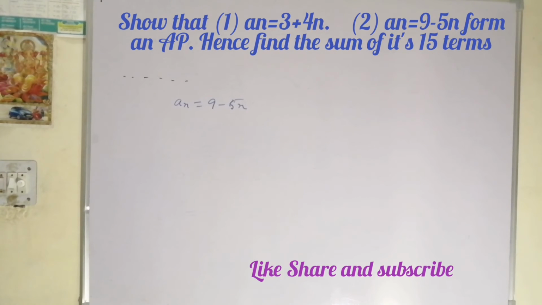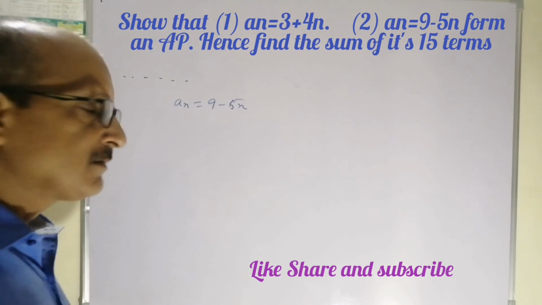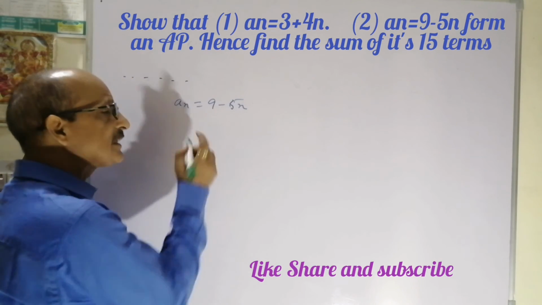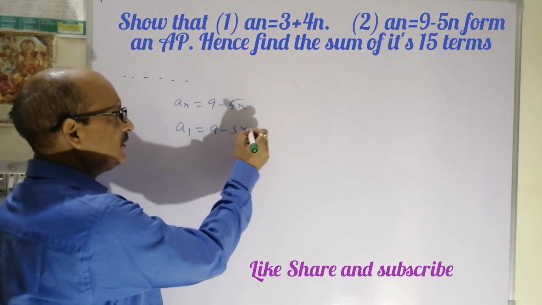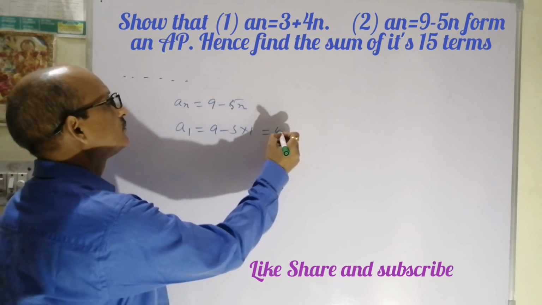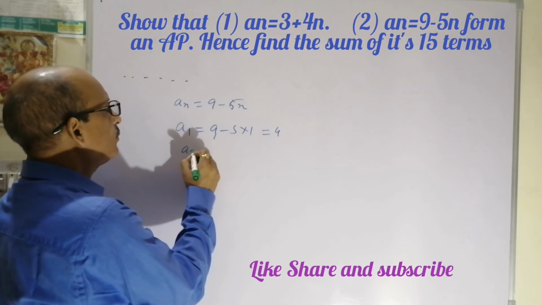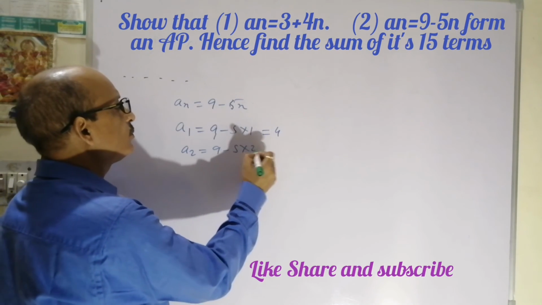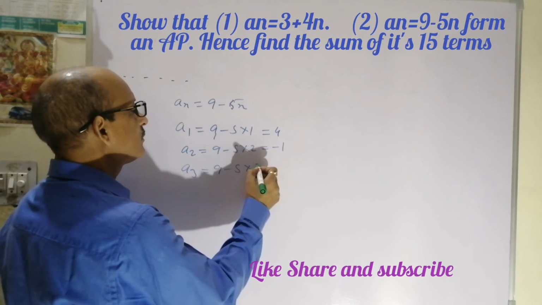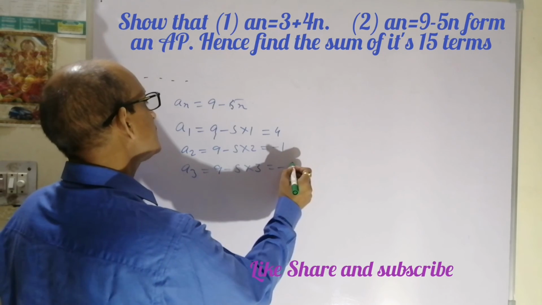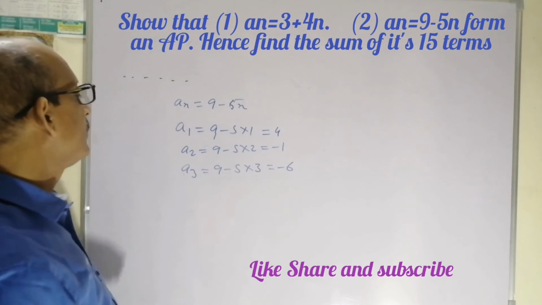Now we are going to take the second part. 9 minus 5n is the general representation of the nth term. So we have to find the AP for this also, and the sum of 15 terms for this AP also. Again we proceed the same way. a1 is 9 minus 5 into 1, that is 4. a2 is 9 minus 5 into 2, that is minus 1. a3 is 9 minus 5 into 3, that is minus 6.